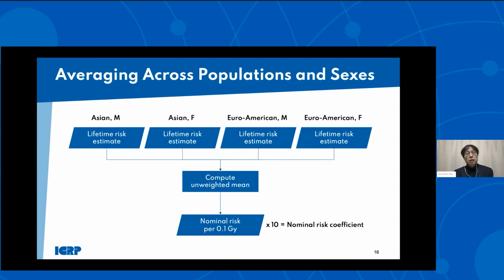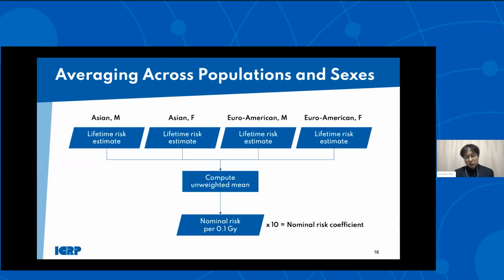And finally, lifetime risk estimates were averaged between four reference populations. That means Asian males, Asian females, Euro-American males, and Euro-American females. And this gives nominal risk per 0.1 gray.